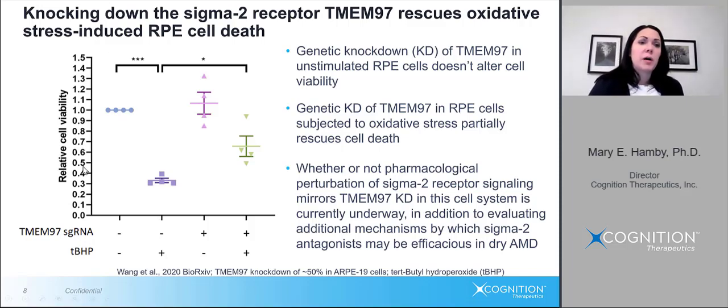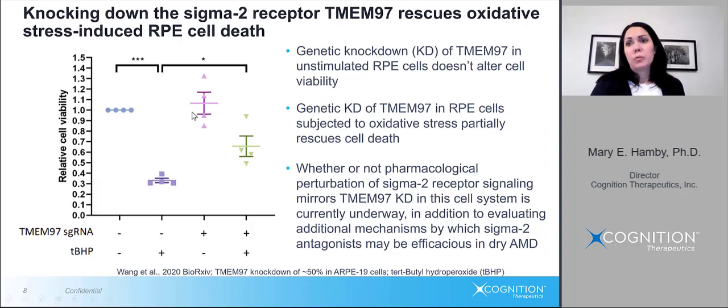What you can see here, plotted here, is cell viability. And you can see here that when these cells are exposed to oxidative stress, in this case, the stressor tert-butyl hydroperoxide, there's a drastic decrease in cell viability. In cells that have knockdown of TMEM97, but no oxidative stressor, this does not alter cell viability.